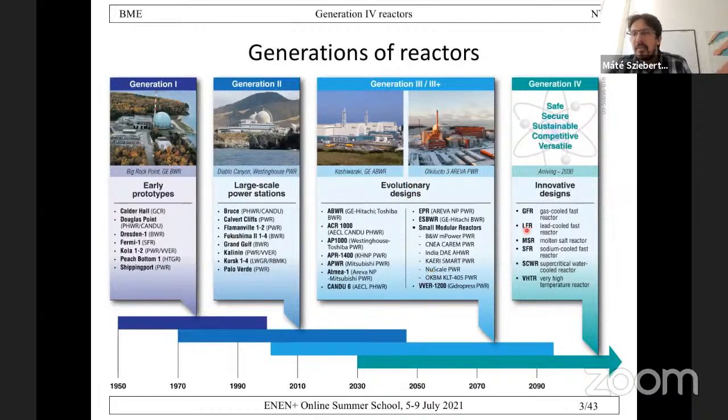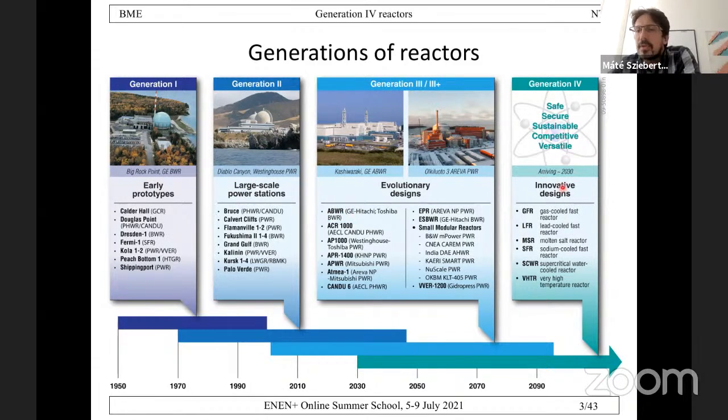And at that time, Generation 4 was already dedicated to the so-called revolutionary designs. So if we call these evolutionary, then we can call Generation 4 revolutionary, which are usually based on completely different principles than the mainly light water reactors of Generation 2 and 3.